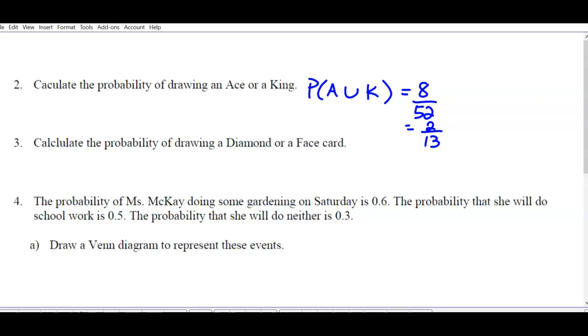Okay, so those are mutually exclusive events. Are the events of drawing a diamond and a face card mutually exclusive? Those separate events? No, they're not. They're going to overlap, right? So you have 13 diamonds in the deck. And how many face cards do you have in a deck of cards? 12.